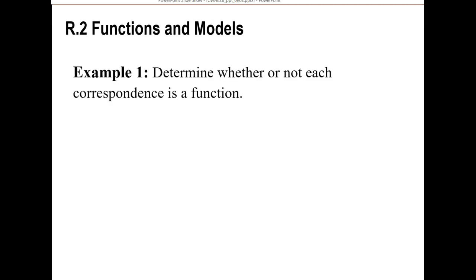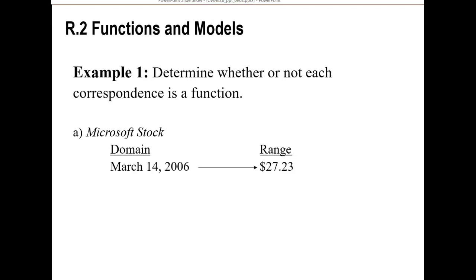All right, example 1. Determine whether or not each correspondence is a function. So this first one is an example using Microsoft stock. So we have the domain, the date March 14th, 2006, assigned to the range in which the stock value was $27.23.